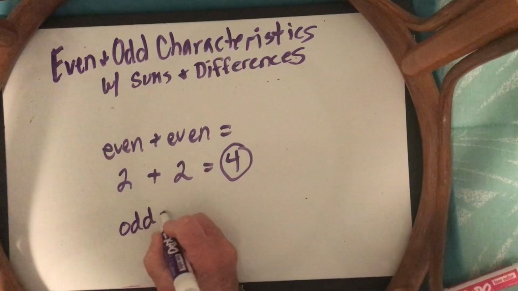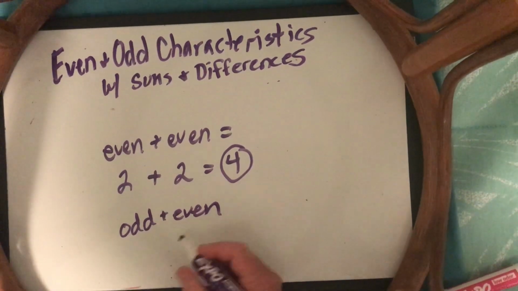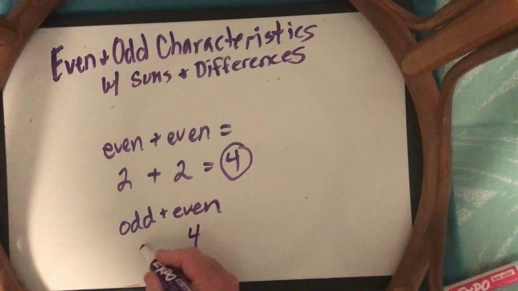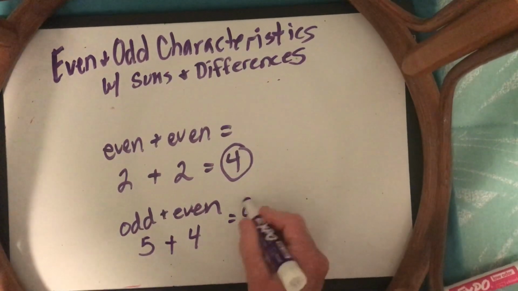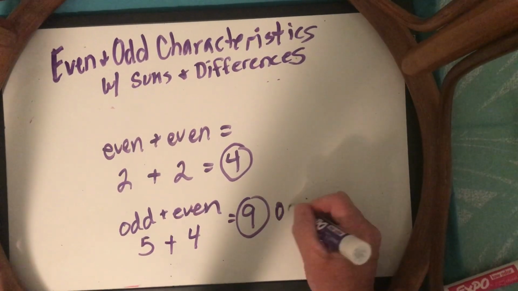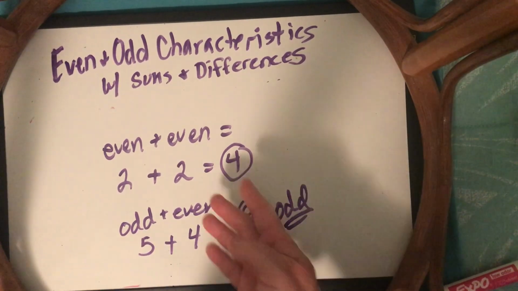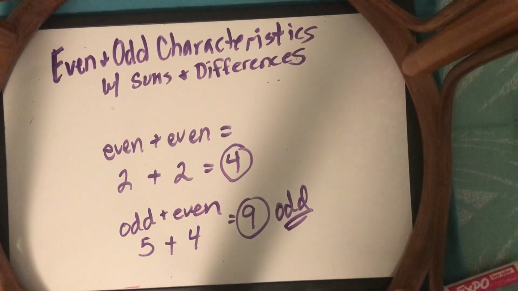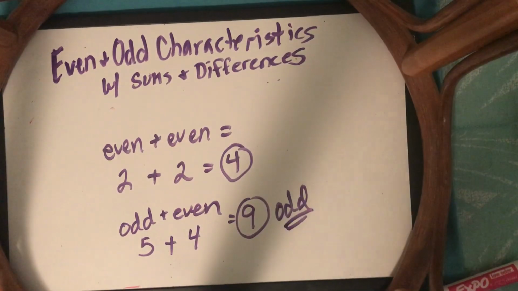Odd plus even. I forget what she told us we do when this happens. So let's plug in simple numbers. 5 plus 4 equals 9. Yes, an odd plus an even is always going to be odd. So just plugging in simple numbers is going to help you solve any problem that asks you about sums and differences of even and odd numbers.